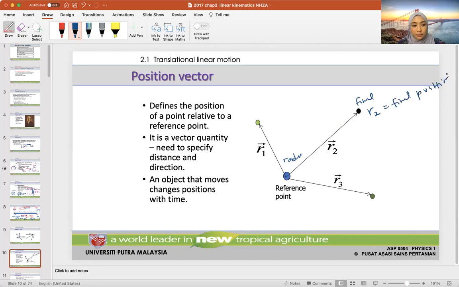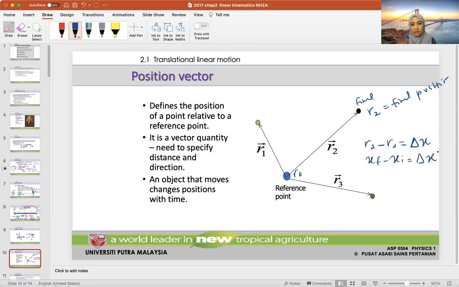So R is position, and R2 minus the reference point, let's say this is R1, oh tak boleh, R1 benda lain. R0 lah, kita letak R0. So R2 minus R0 will give us displacement, the change in displacement. So final position minus initial position gives us displacement. Sama juga macam X final minus X initial gives us displacement.